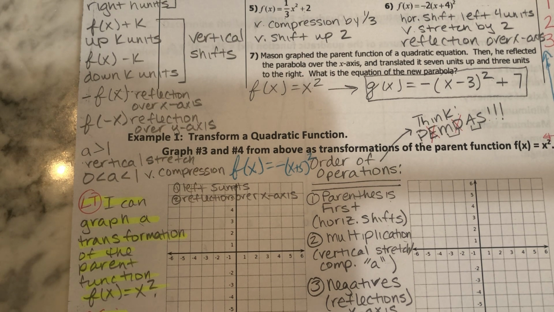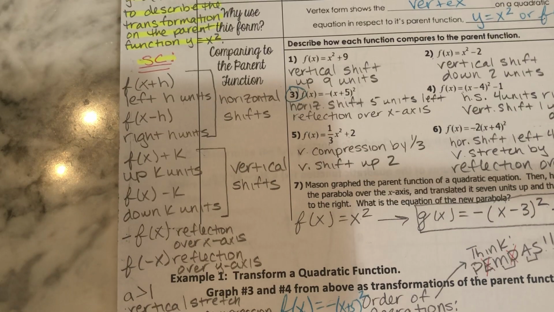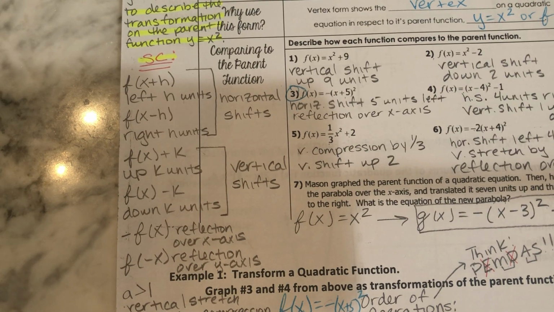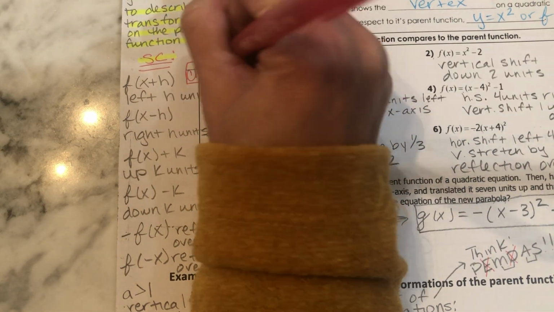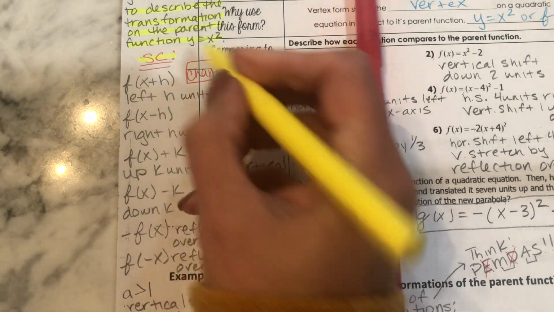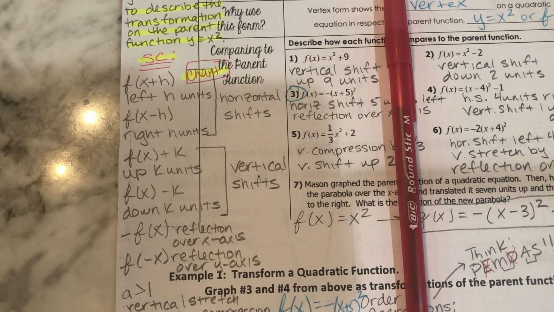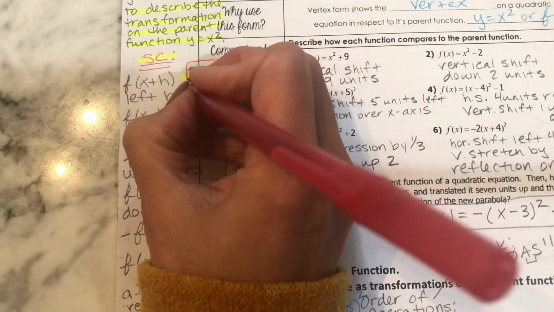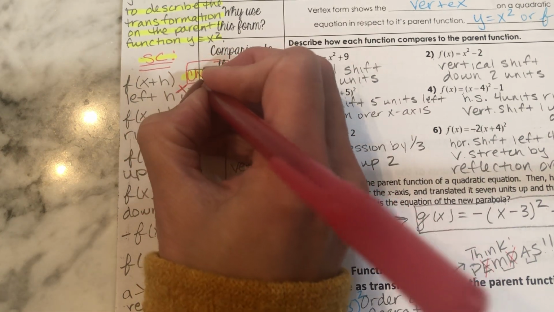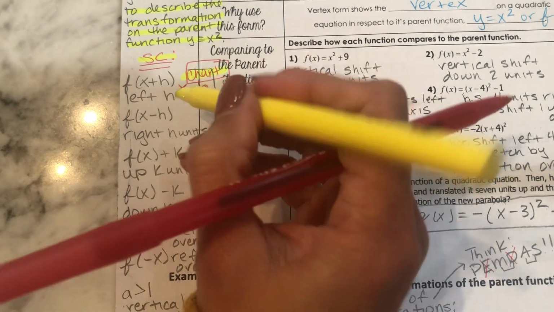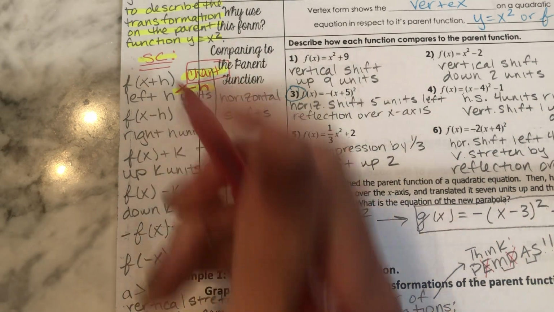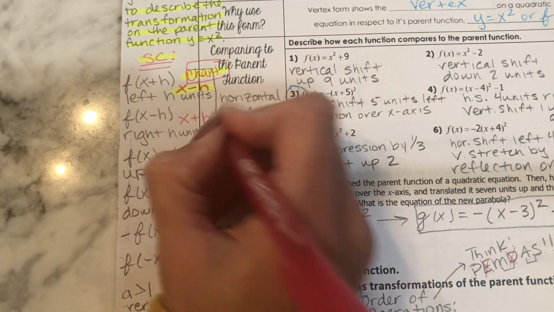So what does that mean in terms of our chart? Well, let's go back to our success criteria here. Let's take a few more notes. In our chart, if it's moving to the left, we're subtracting from the x value. So that's an x minus h. If it is moving to the right, we're adding to the x value.